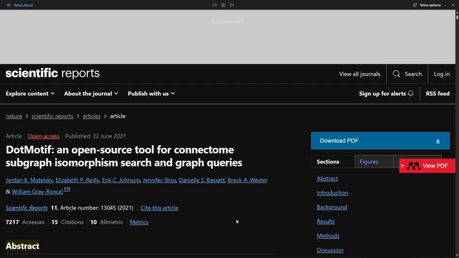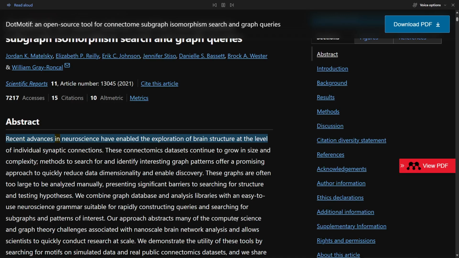Metrics. Abstract. Recent advances in neuroscience have enabled the exploration of brain structure at the level of individual synaptic connections. These connectomics datasets continue to grow in size and complexity. Methods to search for and identify interesting graph patterns offer a promising approach to quickly reduce data dimensionality and enable discovery.